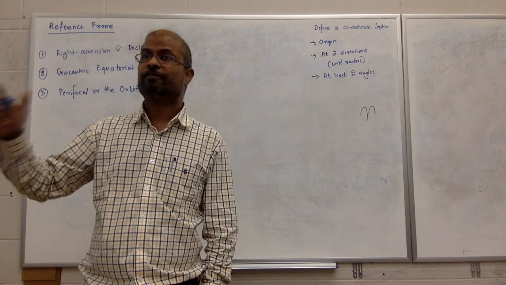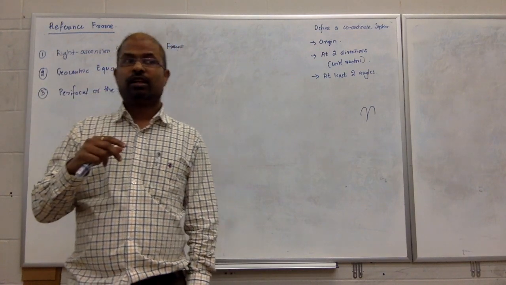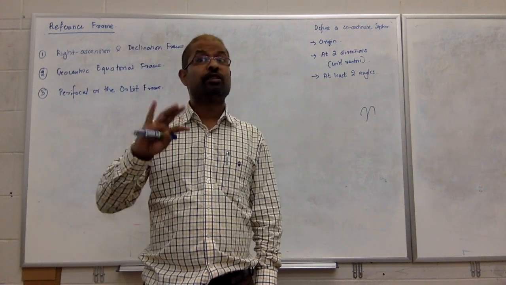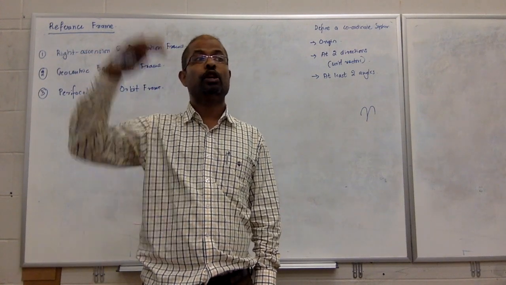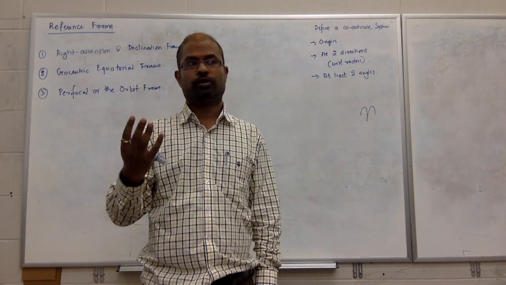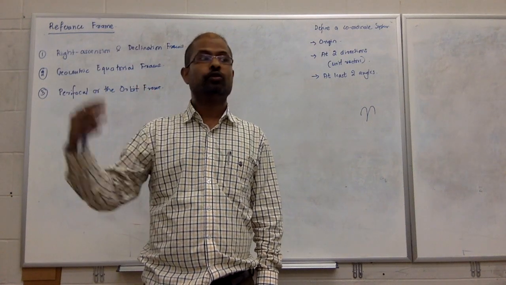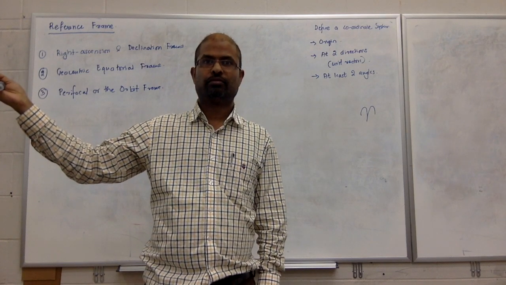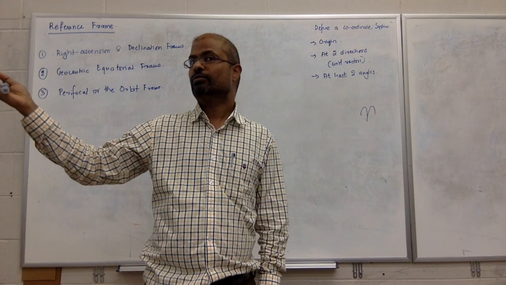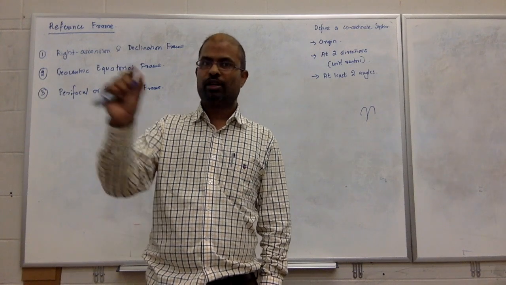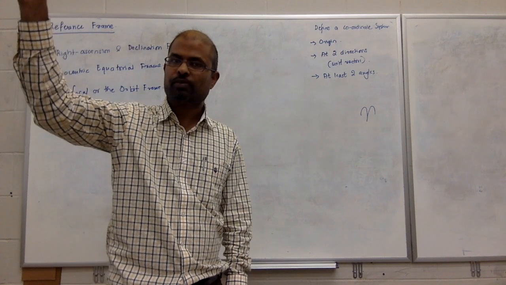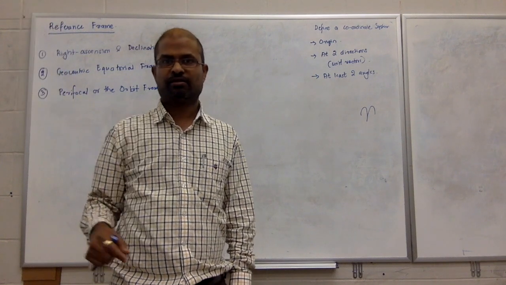Does that make sense? Latitude, longitude are limited to what? Earth's surface, right? If you go beyond that, you cannot use latitude, longitude. Then you use right ascension, declination. And then you bring altitude into it. So you mention the distance, and it will tell you the very specific point where that is.